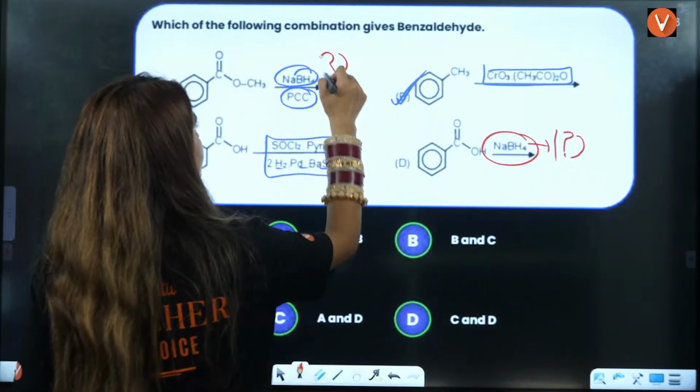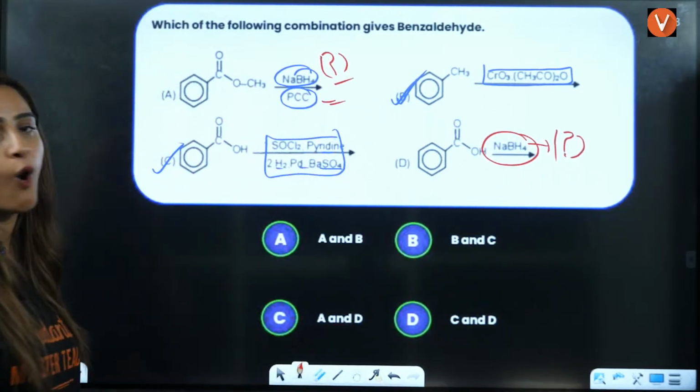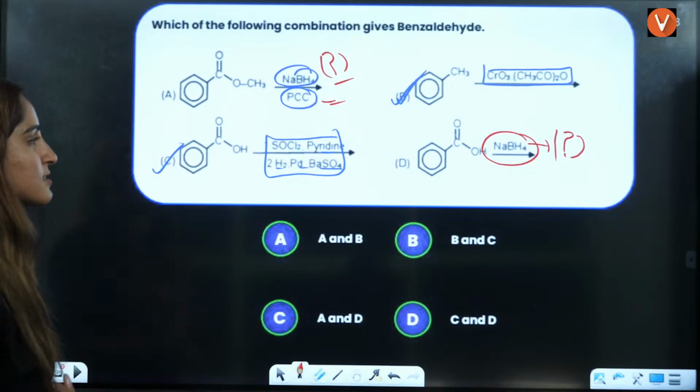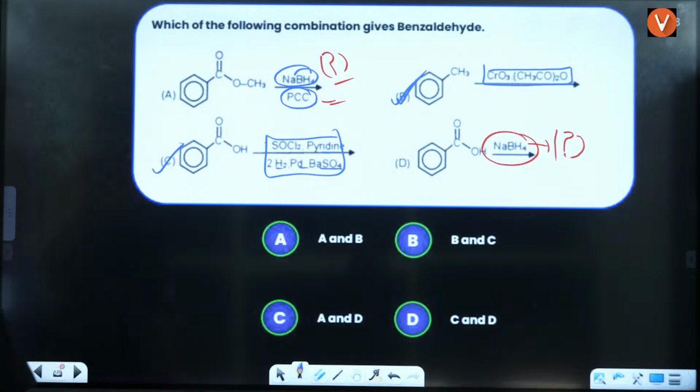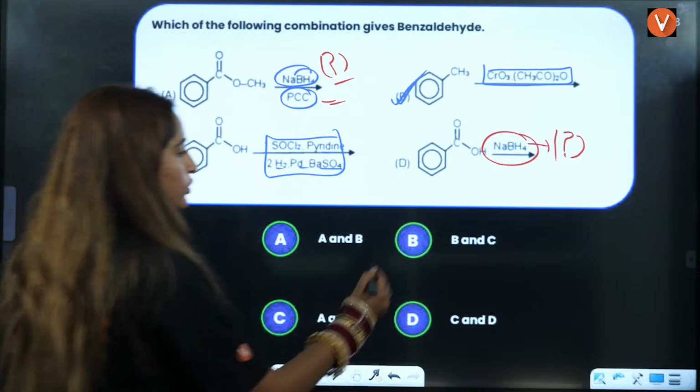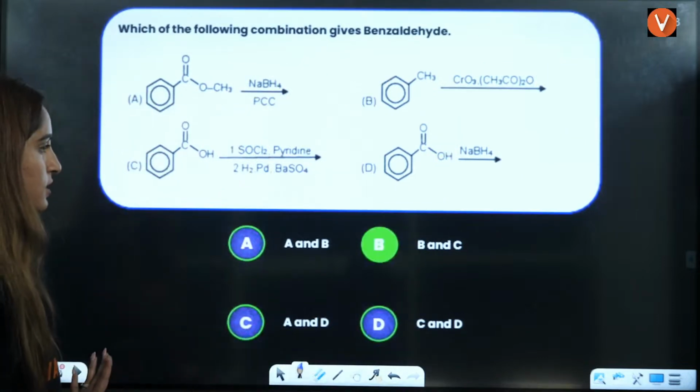NaBH4 with PCC, that is a mild oxidizing agent, will it give or not? So what is going to be the answer? Everybody in the comment section. If you are smart, then you could have answered this, right? B and C. Already we know that B and C is the correct answer, right?